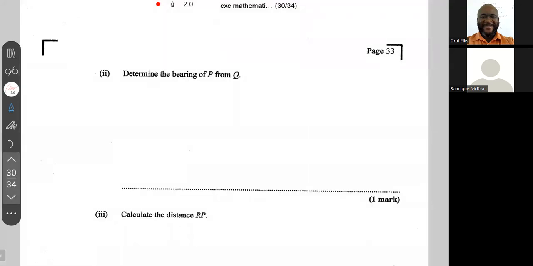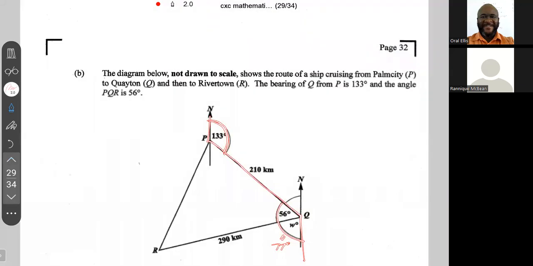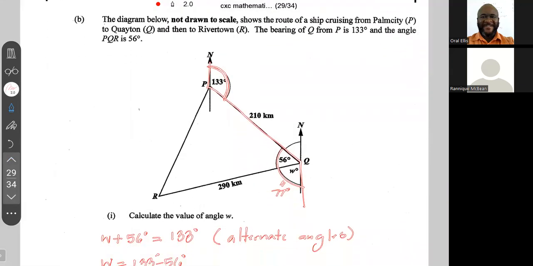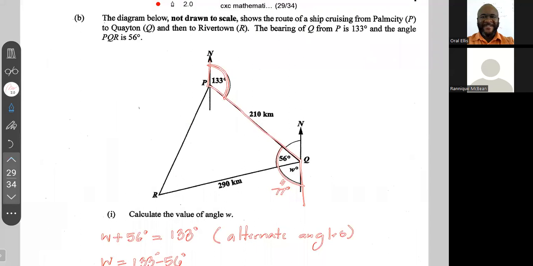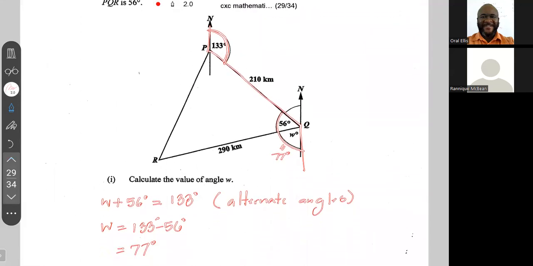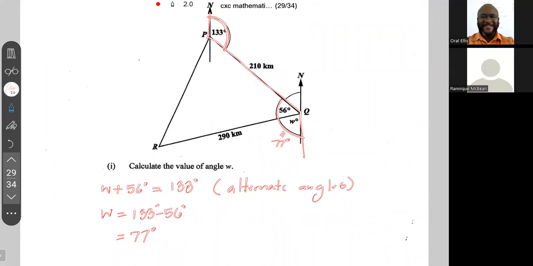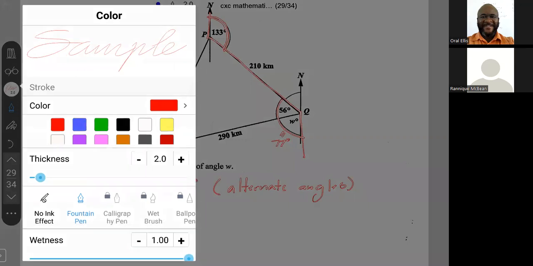We need to calculate the bearing of P from Q. So we need to show the angle that represents the bearing of P from Q. Let's change the color ink to blue.